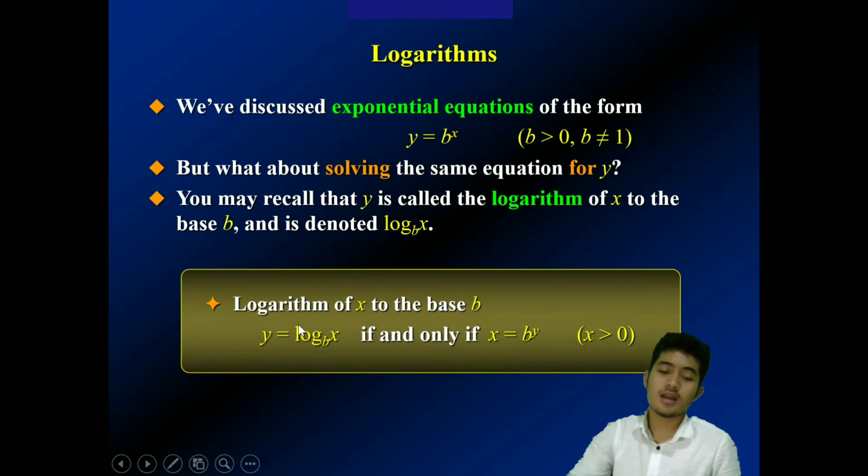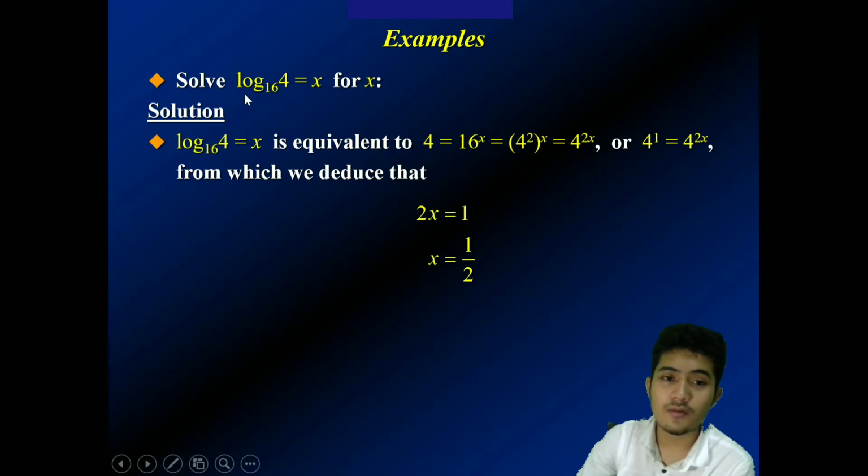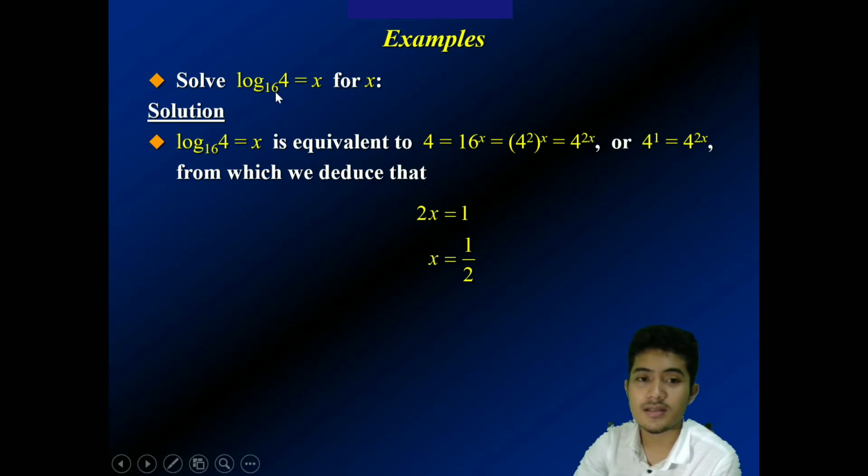And this logarithm: y equals log of x to the base b if and only if x equals b raised to y, x greater than 0. Example: solve log of 4 to the base 16 equals x for x.